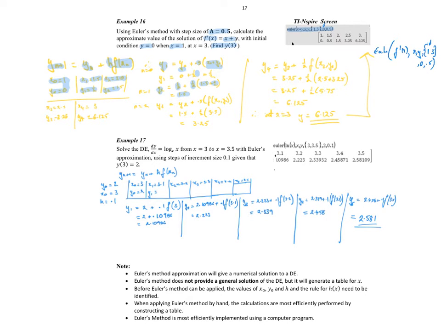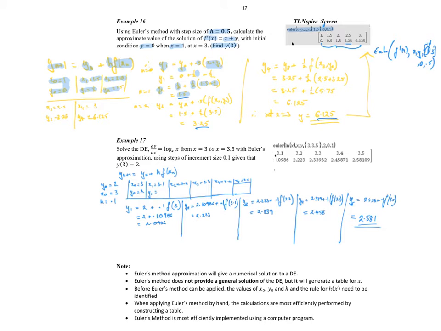So it's the derivative, x, y, the set of x values you want to generate values for, your initial y value, which has to correspond to the initial x value, and then your step size. You can see there's my set of calculations that match off to the points in between, the 1.5 I had, etc.